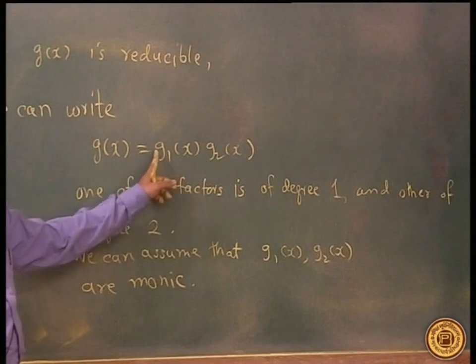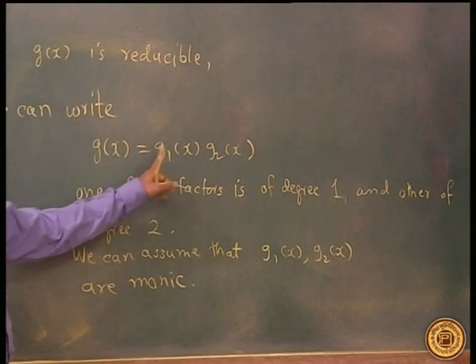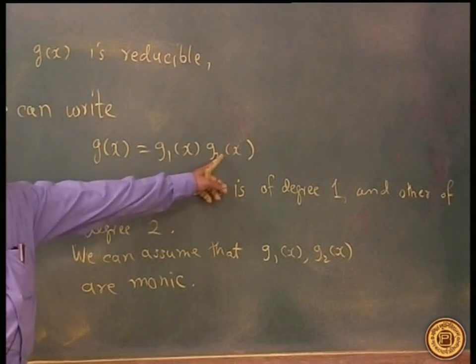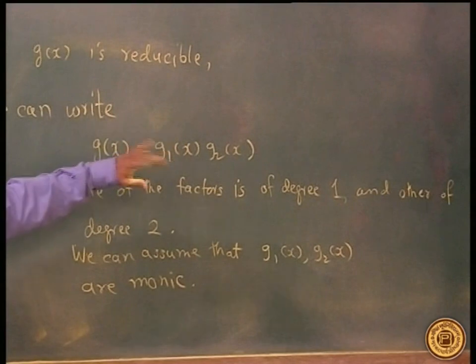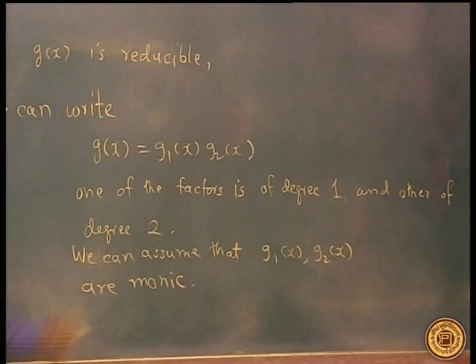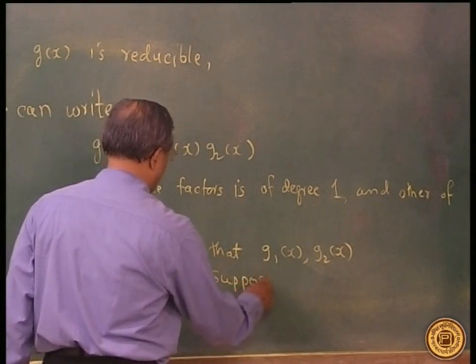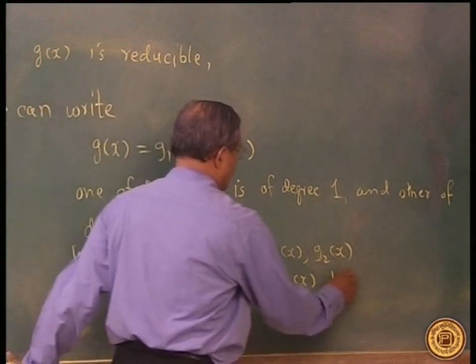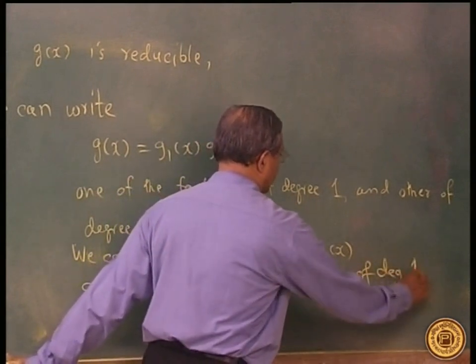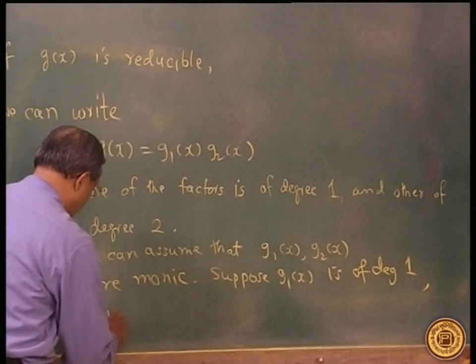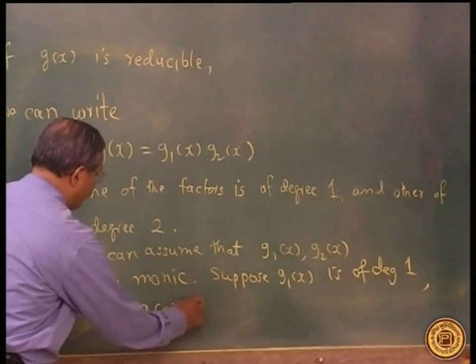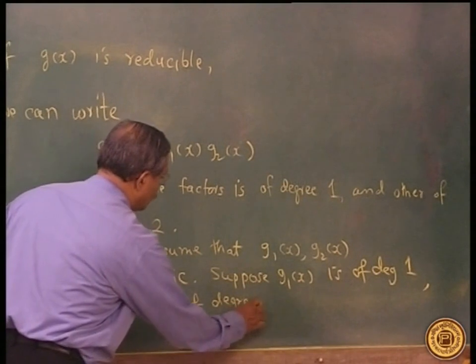If it is c, you can divide this by c and multiply the other by c. So the leading terms get adjusted and we can make both of them monic. Gx is monic already. And G1x is of degree 1, suppose, and G2x of degree 2.